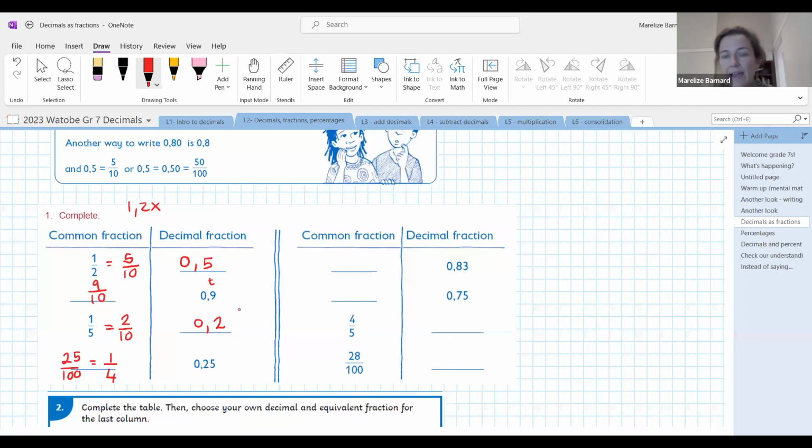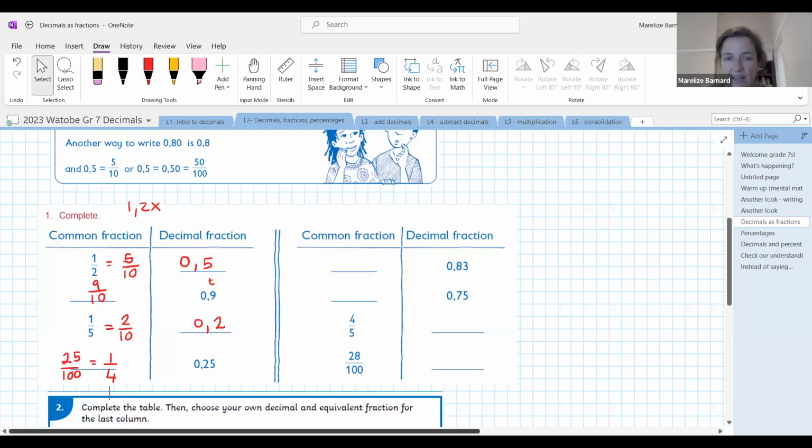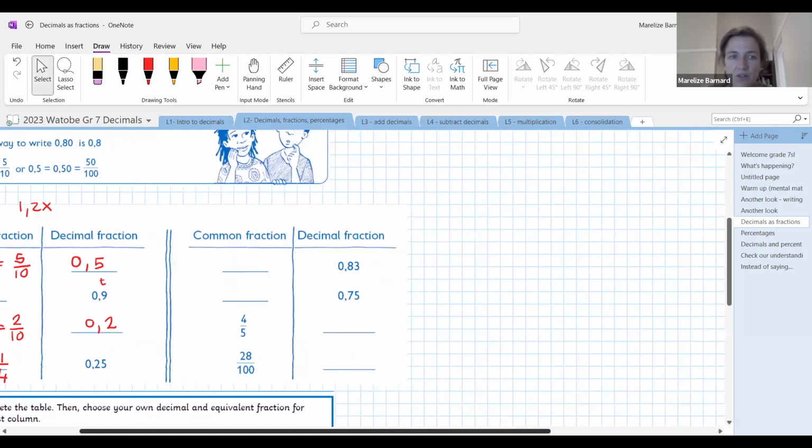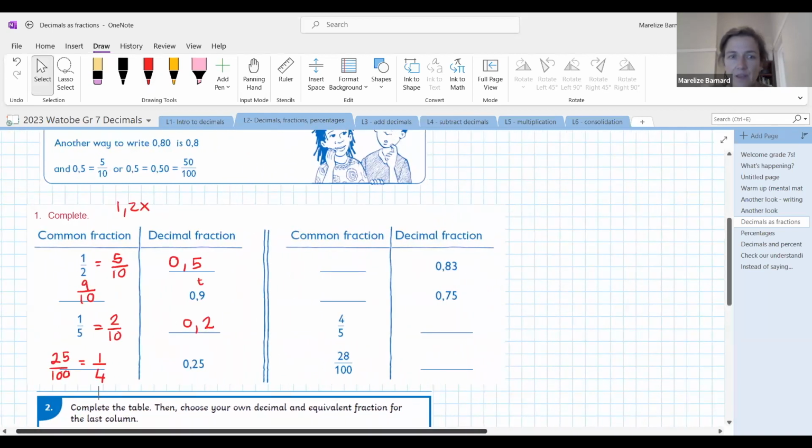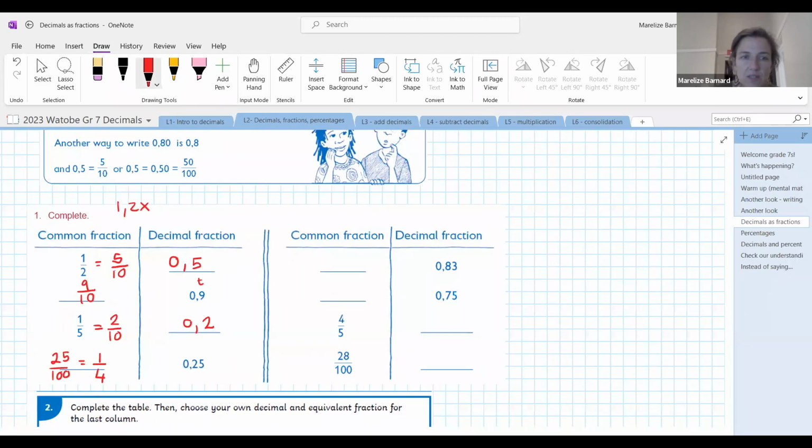times. Okay. I'm going to stay quiet now and I'm going to let you do the second column. If you are not sure, check what we did in the first column or the first 2 columns. And now you're going to do the second 2 columns on your own.